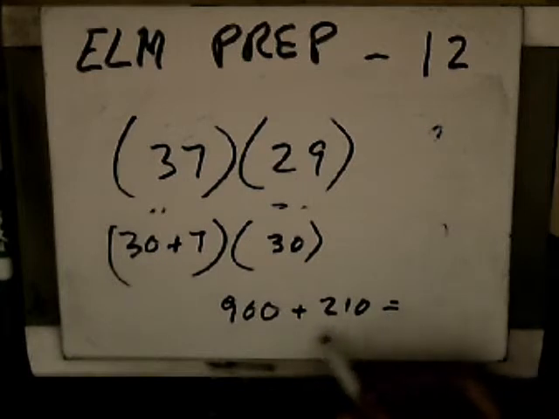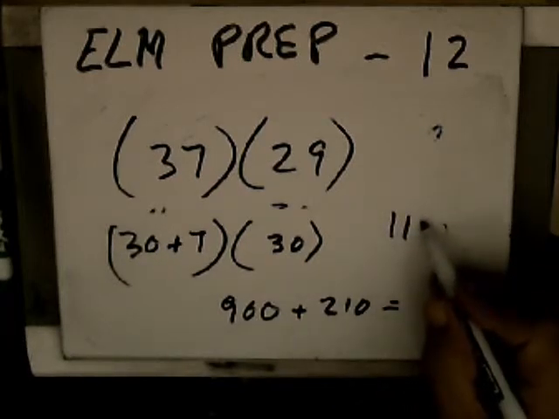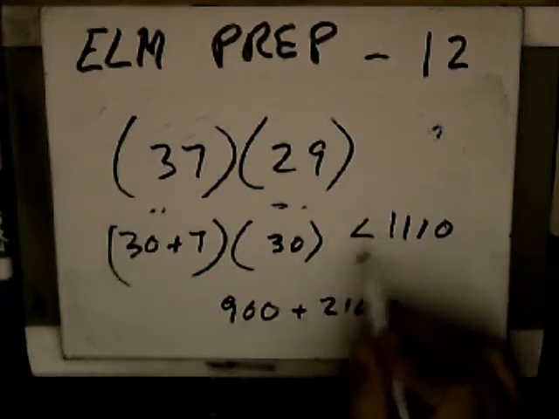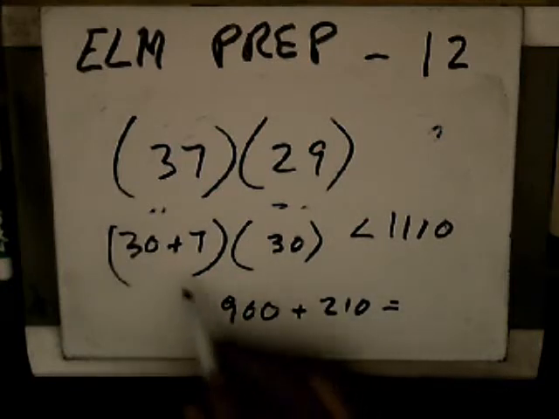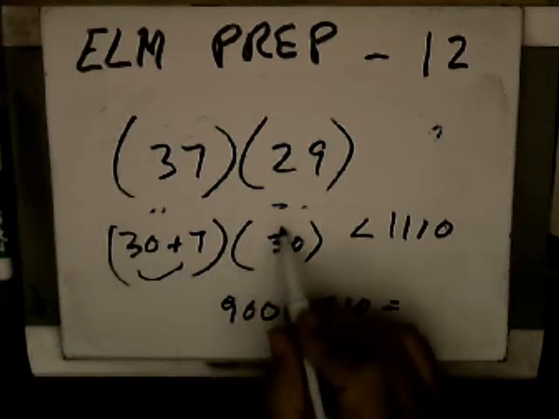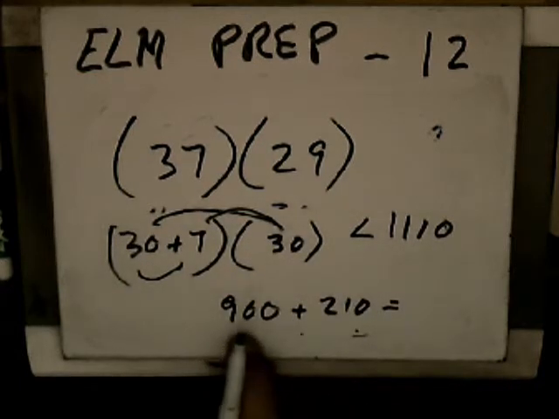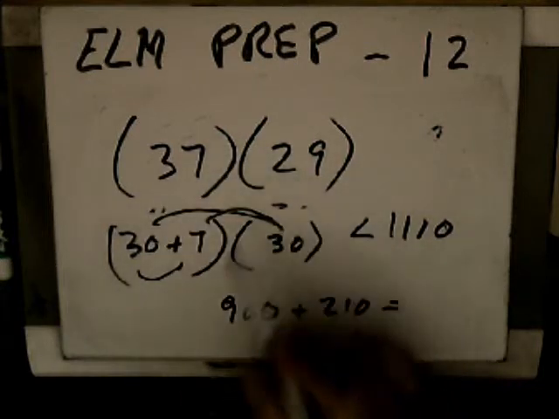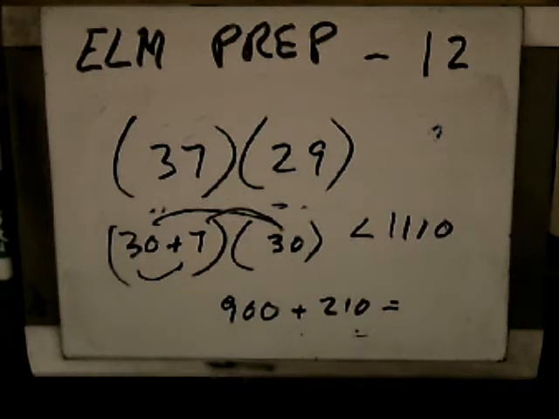And that will give me 1110, if I've done that right. Hopefully I have. But it's a little less than that still because this is a high one. But what I did here is I broke this up, and then I take the 30 times both of those and then add them. This is 30 times 30 plus 30 times 7. So this is one way of breaking your numbers up and estimating your answer.